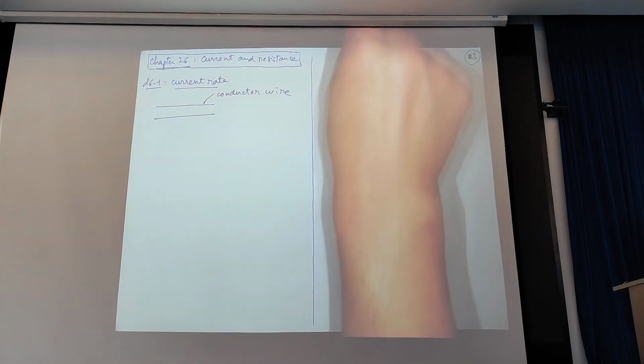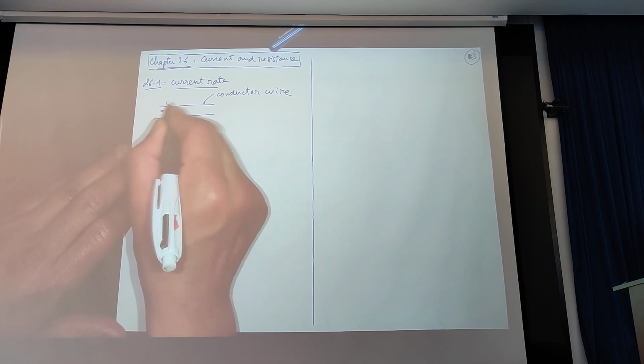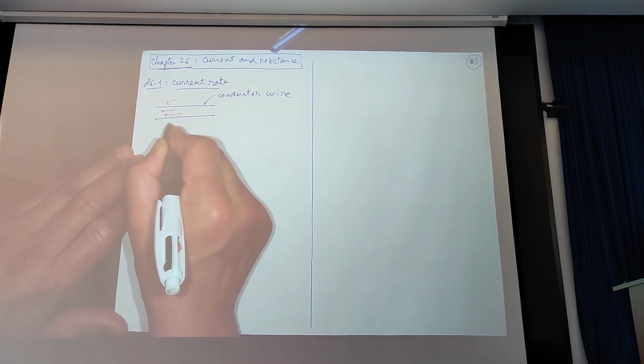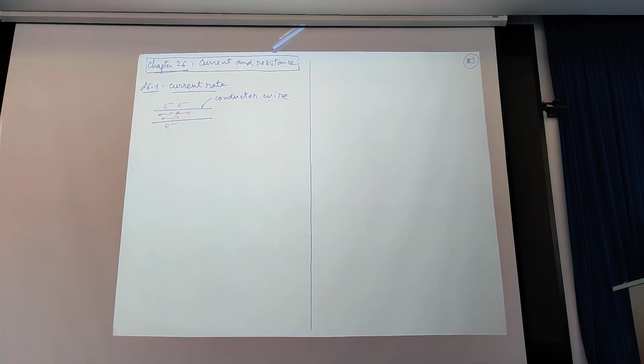As I said before, electrons are free to move in the conductor wires.